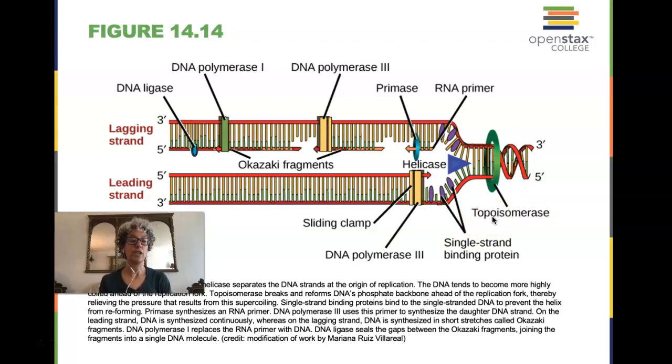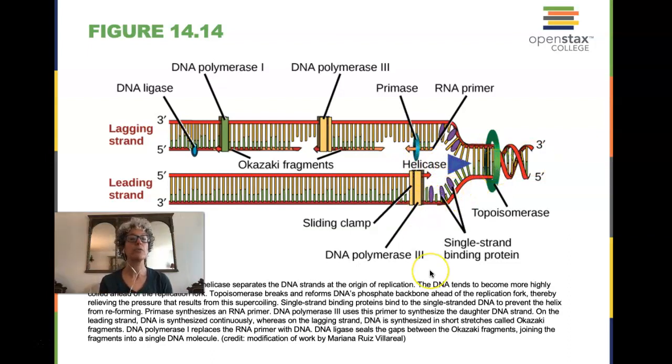Have you ever heard of a topo map? It's a map that shows you the elevations. Well, the topoisomer is relaxed DNA versus crumpled up. So the topoisomerase prevents the DNA from getting twisted up as the helicase breaks the hydrogen bonds.